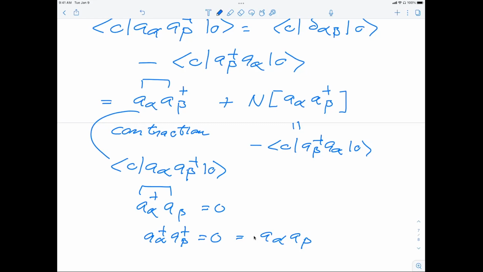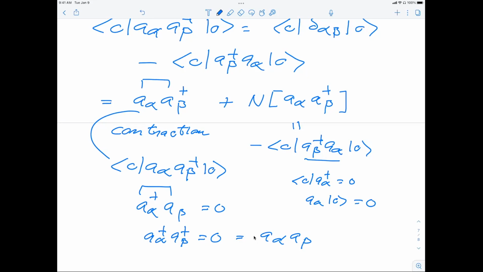So in order to get this normal ordered, so this is normal ordered now, I have a creation operator to the left and an annihilation operator to the right. And we know that 0 of A alpha dagger is equal to 0. And we know that A alpha acting on 0 is by definition equal to 0.